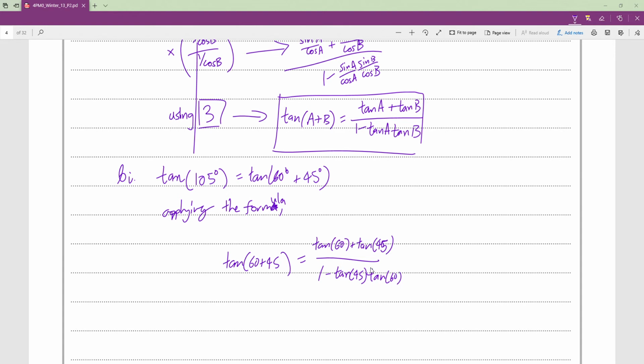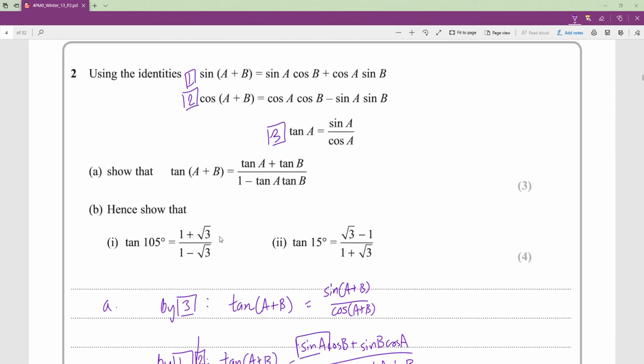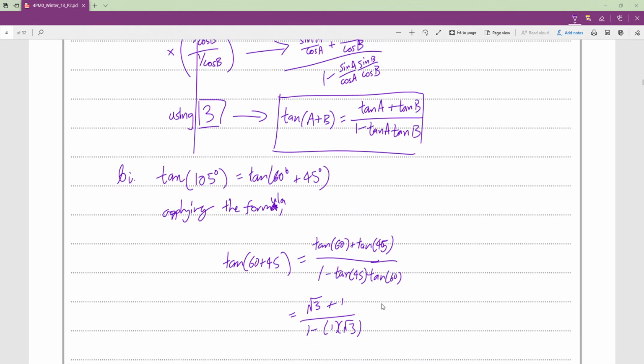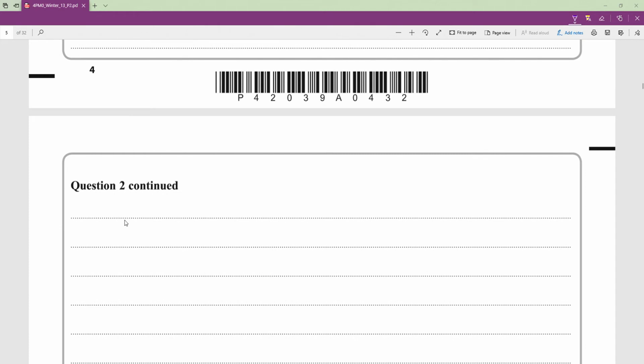And of course, substituting in values that we already know for the tan function at these special angles, we get root 3 plus 1 over 1 minus 1 times root 3, which is equal to the form that we want, (1 plus root 3) over (1 minus root 3). So we have shown B(i) is true, and now on to B(ii).